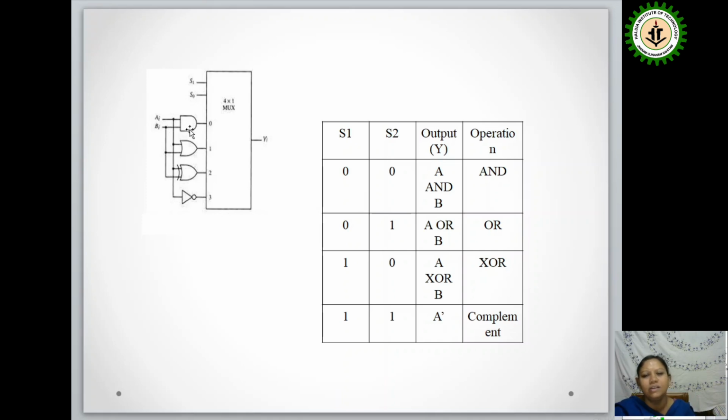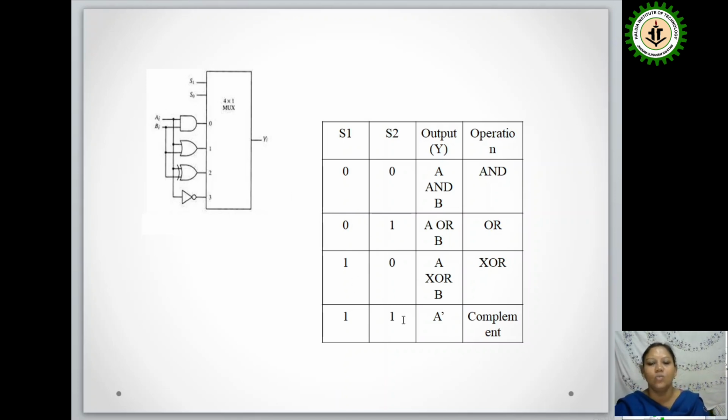Here we take only 4 micro logical operations: AND, OR, XOR, and NOT. Based on the selection input, suppose 0 0, the AND gate is connected with the 0 position of the mux, so the A and B operation. So the operation is AND. 0 1 is A or B, that is the OR operation. 1 0 is A XOR B, that is the XOR operation.